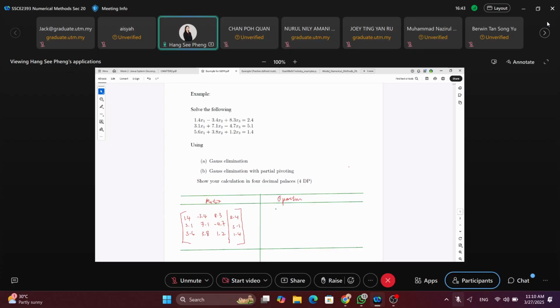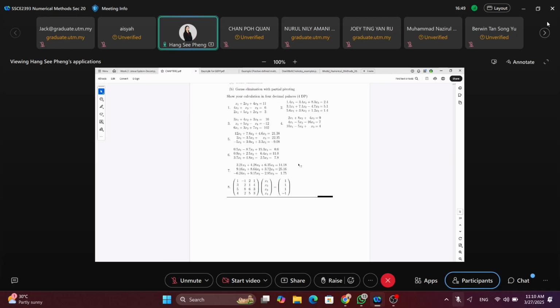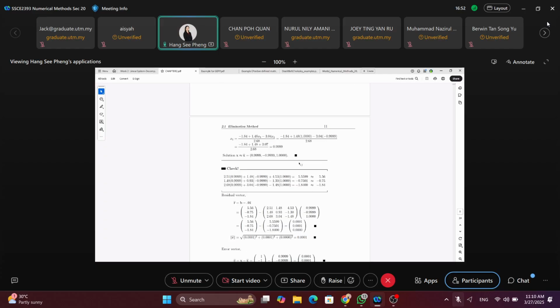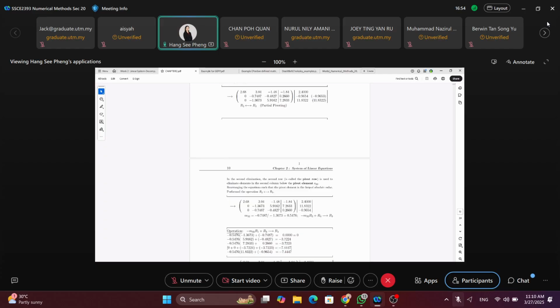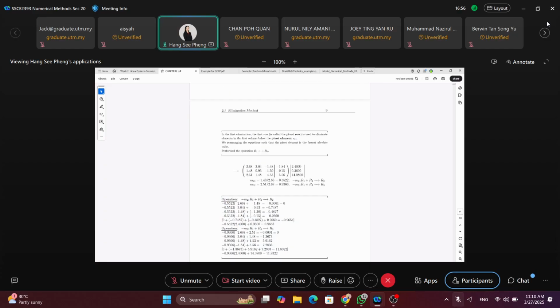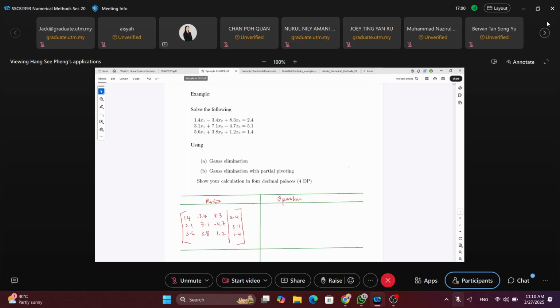Based on what we have discussed before, if you want to solve it, we will normally start from the calculation of M21, M31. Try to recall, this is the first step. We calculate M21. This is just Gauss elimination, so without looking at which one is the largest absolute value, we just continue with the steps.